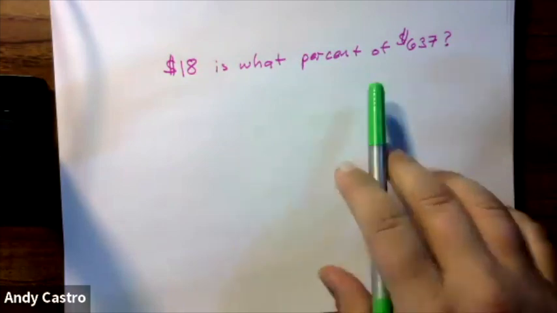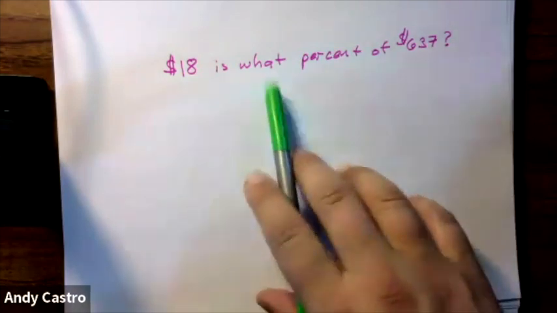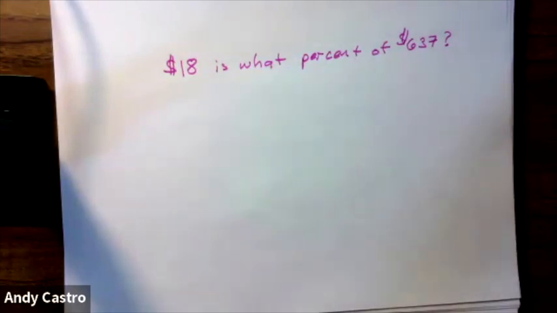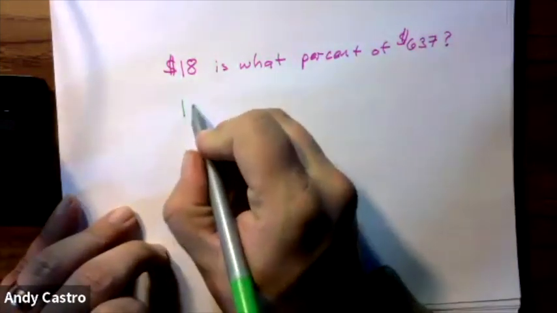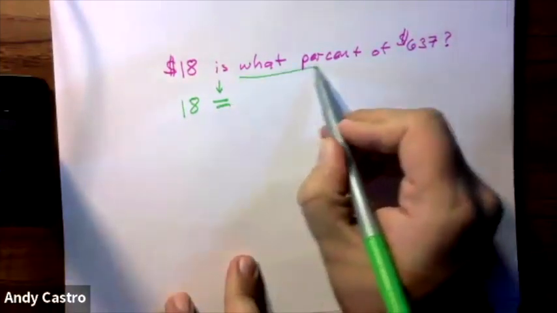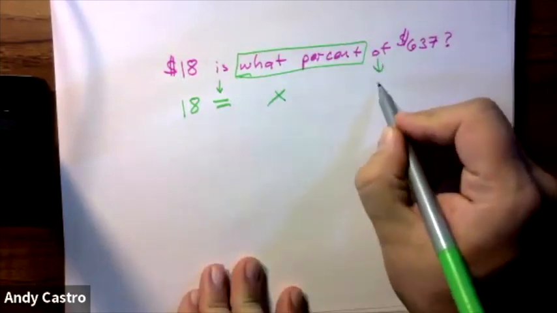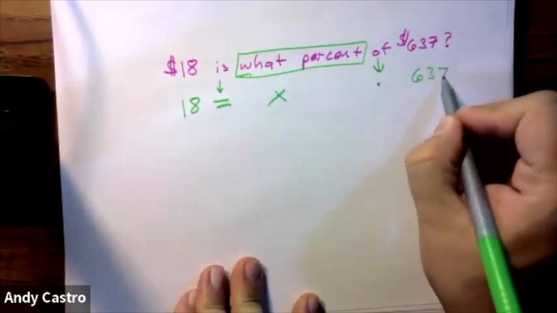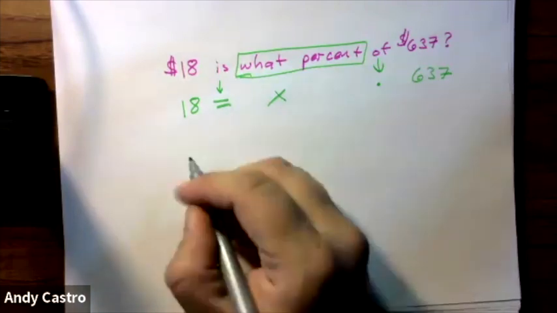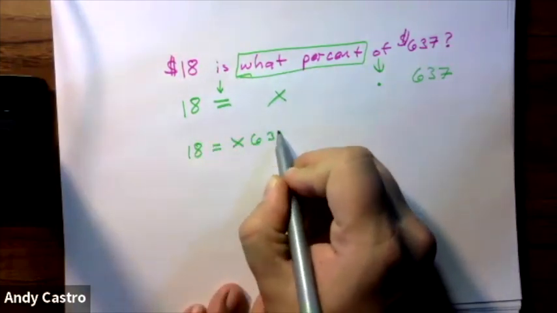What percent of 637, or $18 is what percent of $637? So 18 is what percent, it's going to be X, of 637. Okay, so 18 is equal to X times 637.